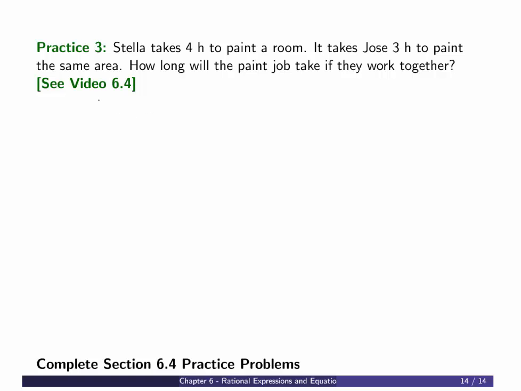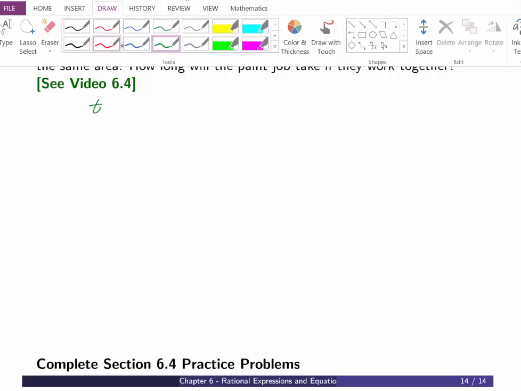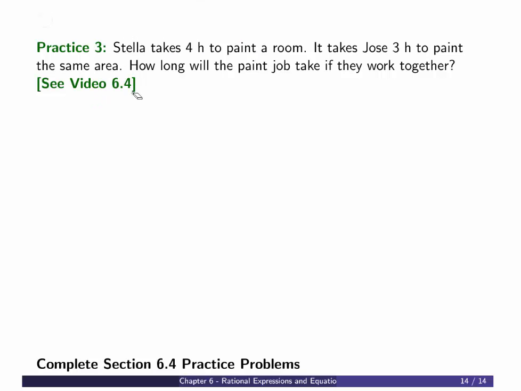because basically what we're going to have here is we're going to have T, let's do this in red. We have T over 4 for Stella, and we're going to have T over 3 for Jose, and that's going to equal the total time. So that's the total time, and I'm just going to put in brackets, that's actually T over T, okay, which reduces to 1.